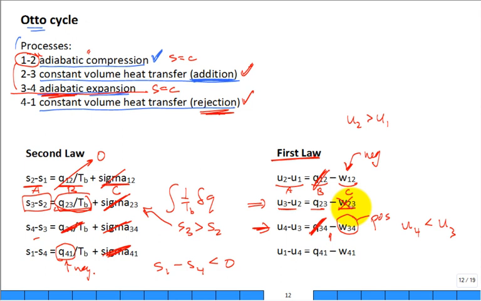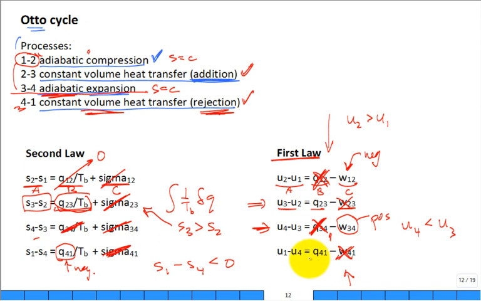No boundary work. You can change the pressure, but if you're not changing the volume, there's no boundary work. Likewise, if you come down to state 4, when you have constant volume heat rejection, work. So what we find is that 2 of the Q's are 0, 2 of the W's are 0.